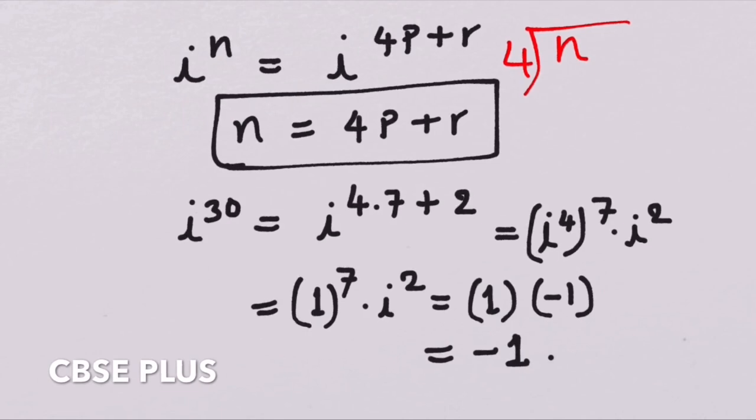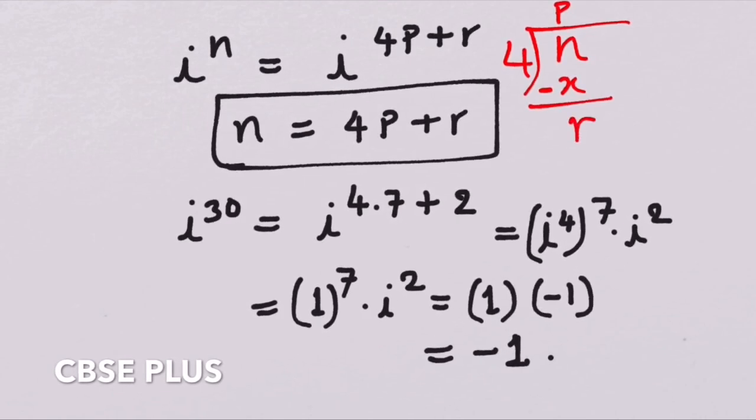Then we will have a quotient and a remainder. Here 4 is the divisor, and suppose in p times we get some quantity, let it be x. Then we subtract n minus x and we get the remainder. So n can be written as 4 into p plus r.